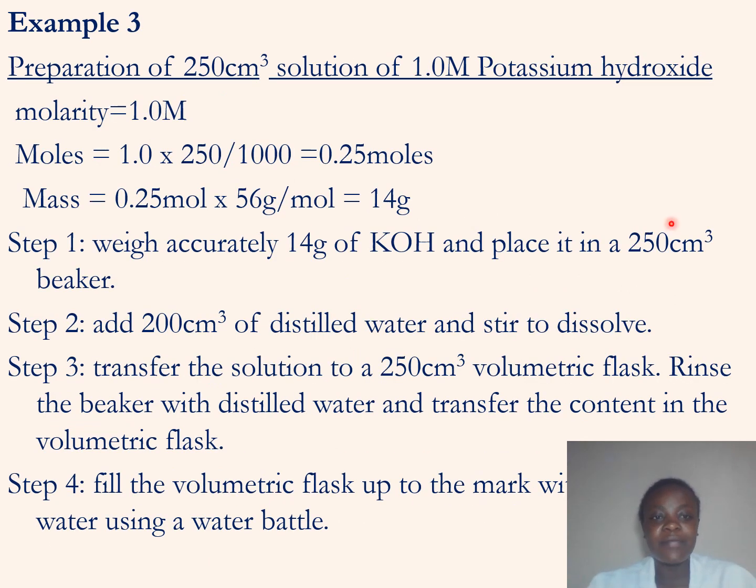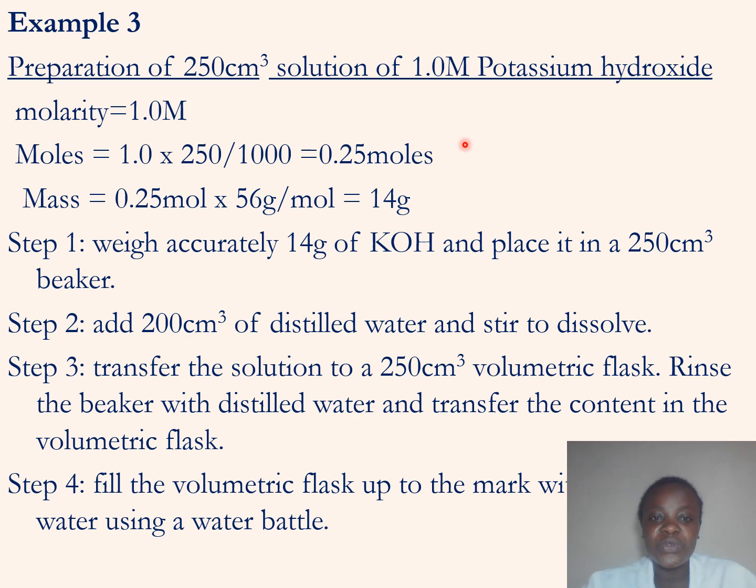In the last example, we are preparing 250 centimeters cubed solution of 1.0 molar potassium hydroxide. Again, the same procedure. We are given the molarity as 1.0 molar, the volume as 250 centimeters cubed.